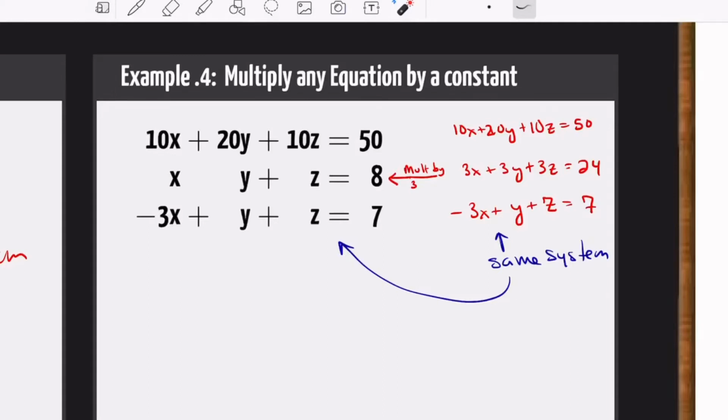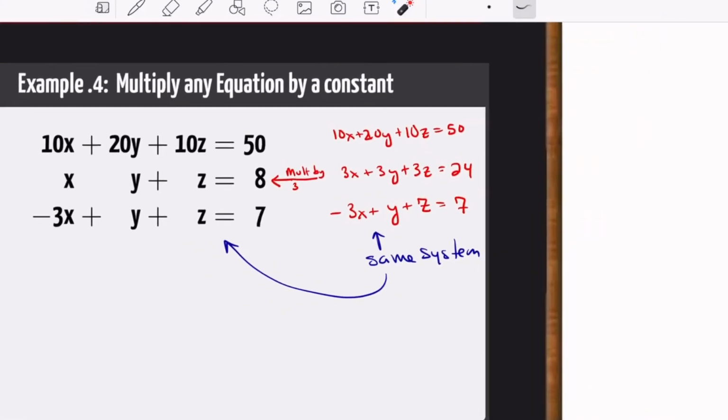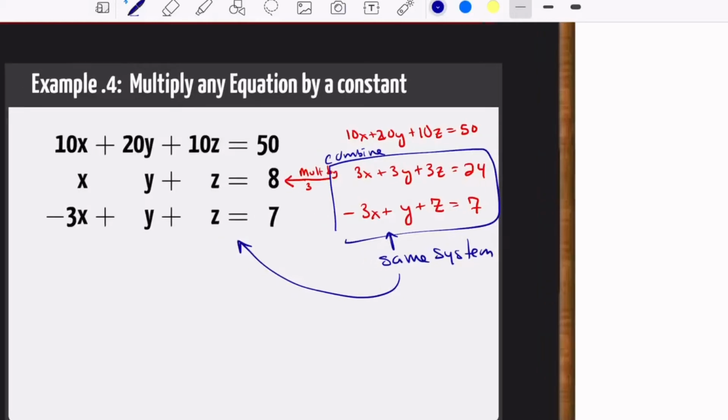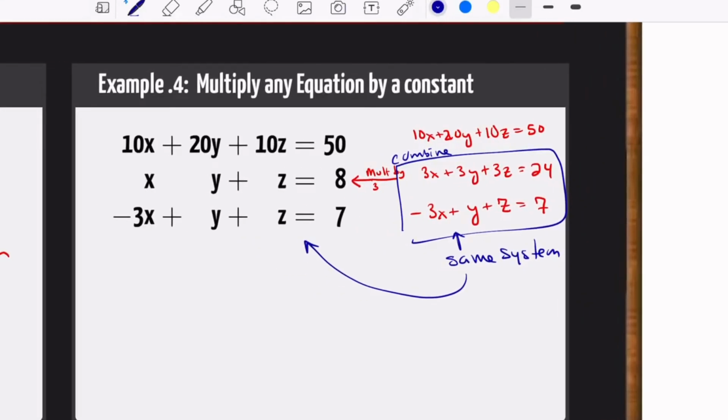And you might ask, well, why would you want to do that? Sometimes you want to do that because another thing that you could do is combine these two equations, somehow combine them. We don't really combine them, but I could, for example, add the second equation to the third.